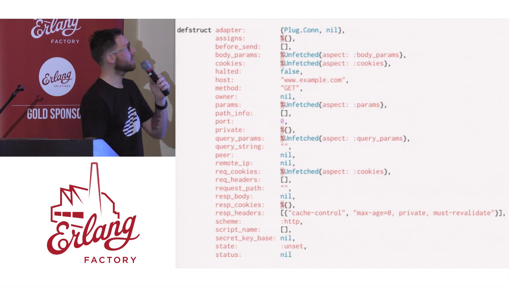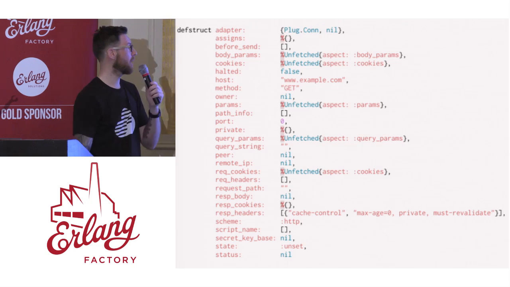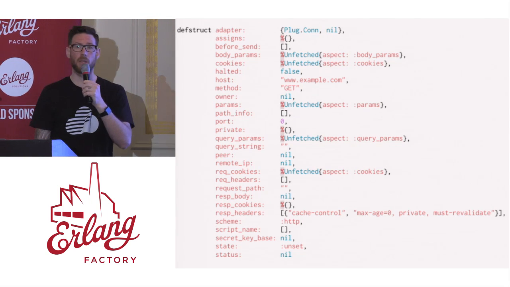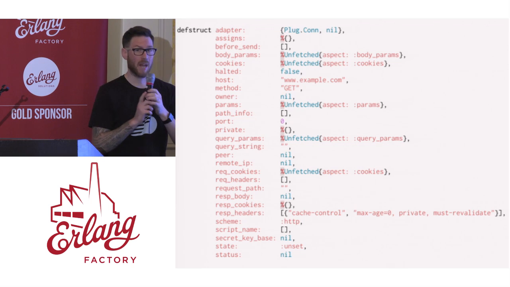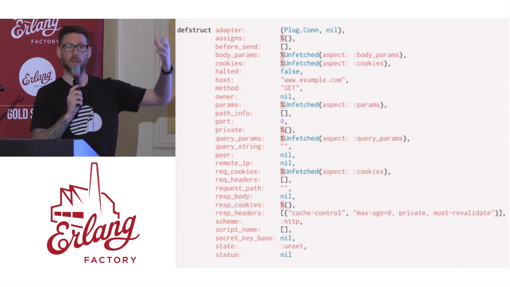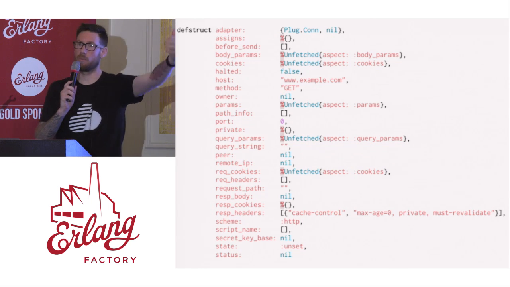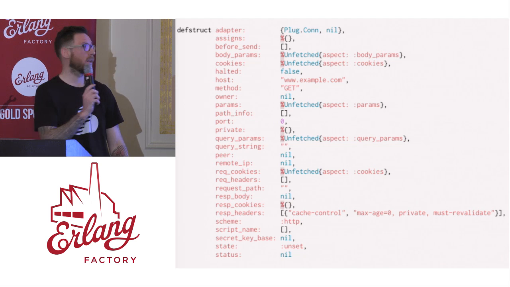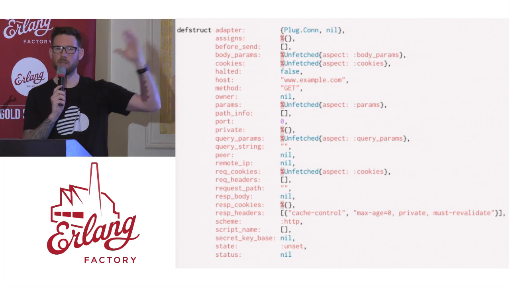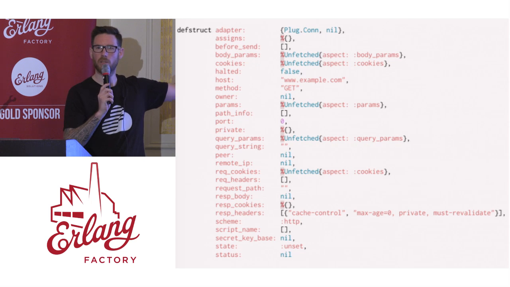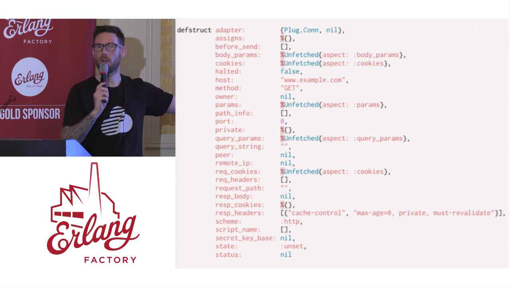This is probably hard for you to see in the back, but it's the Plug.Conn data structure. This is that simple data structure that is the connection that's piped through your entire stack. And this is what I love about Plug, because it's the single source of where you need to worry about the state of your request.